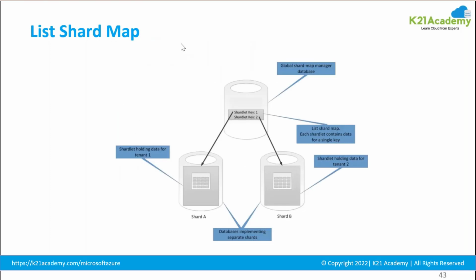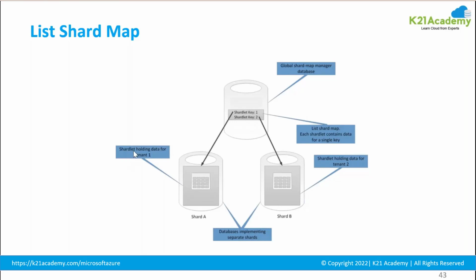You can have different kinds of shard maps, right? This is slightly outside our coverage, but you can have a list shard map where you have shardlet key 1, shardlet key 2, and this is the global shard map manager database which has the knowledge about the shards that we have. And then there are shards which maintain the data for a single shard key.